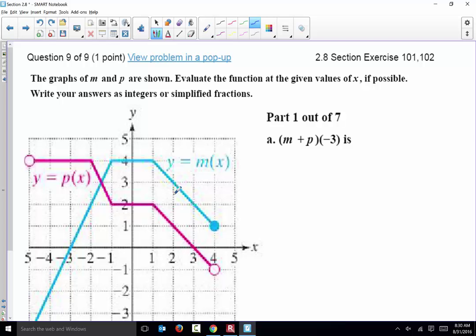How do we do this? Alright, just go with trial and error. Try yourself. There is m plus p at -3 to be computed. And then supply me the answer if you have one.